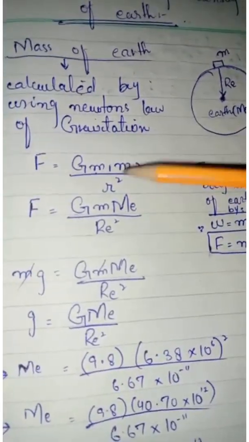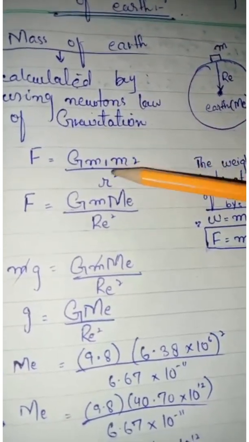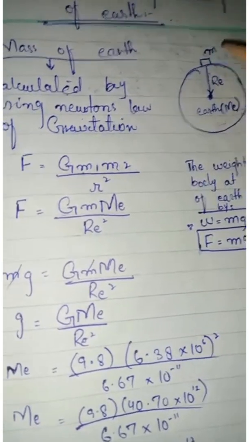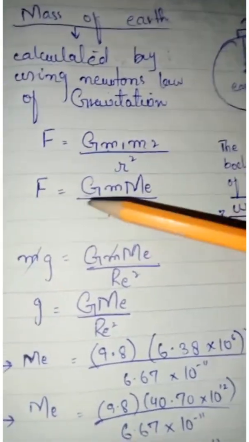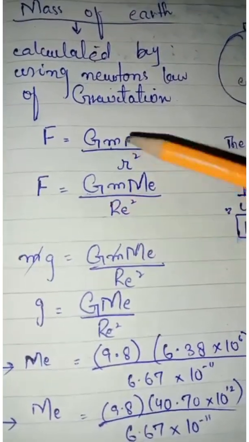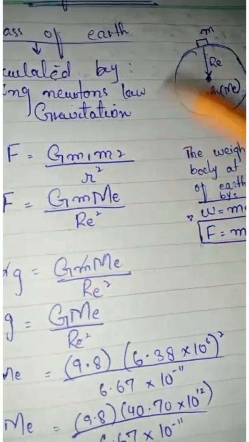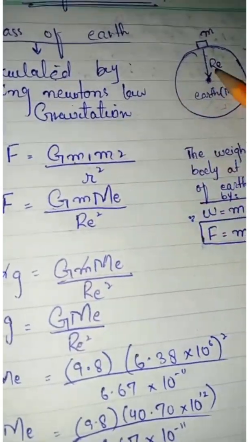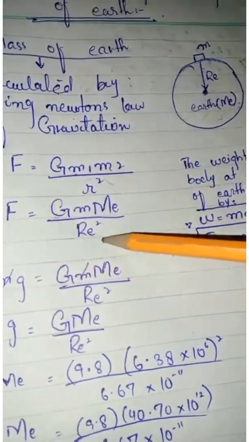As we have to calculate the mass of Earth, instead of m1 and m2 we are putting the mass of Earth and the mass that is put on the surface of the Earth. So F is equal to G, that is a constant, and instead of m1 we are putting m, and instead of m2 we are putting the mass of Earth. Radius we are denoting here by Re, and here it's squared, so we are putting Re square.